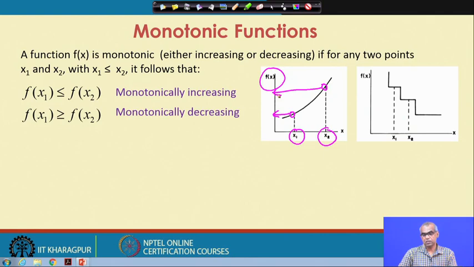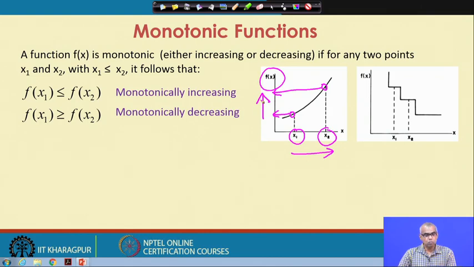In other words, as we increase from x 1 to x 2, the function value also increases. So, this is a monotonically increasing function.